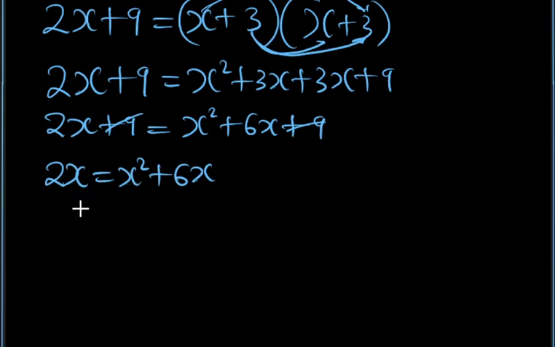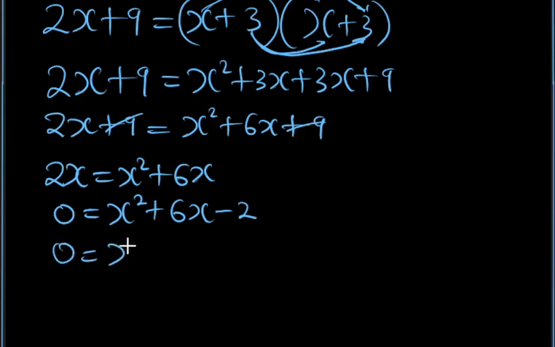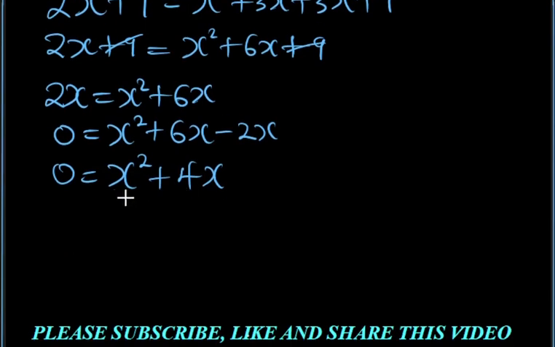Then 0 is equal to x squared plus 4x. So we can now factorize this, but remember x squared plus 4x is equal to 0.